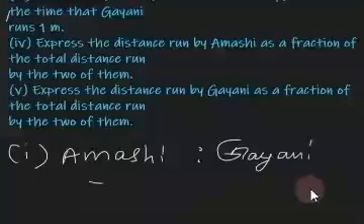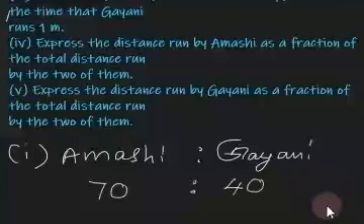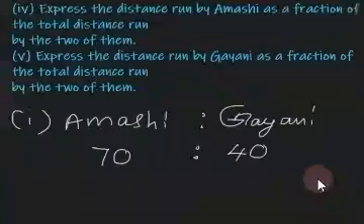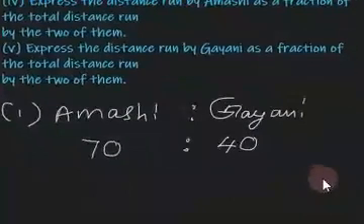Amashi ran 70 meters at the moment, Gayani 40 meters. Both are in meters, so you can write a ratio. Now you can simplify these two values, cancelling the zeros here. The answer is 7 to 4.